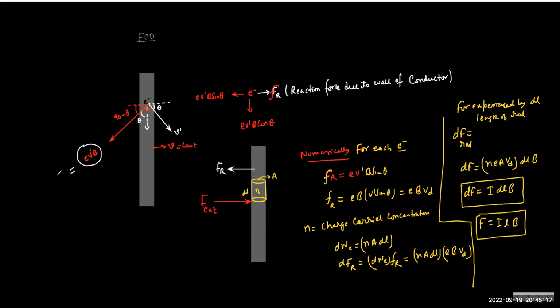This is the net force on the electrons. What is the component downward? Sir, ev' B cos theta. Yes, it is ev' B cos theta, right? Yes, sir. Let's call it F parallel. So F parallel is F_m cos theta, right?